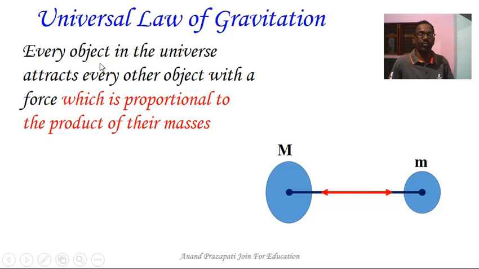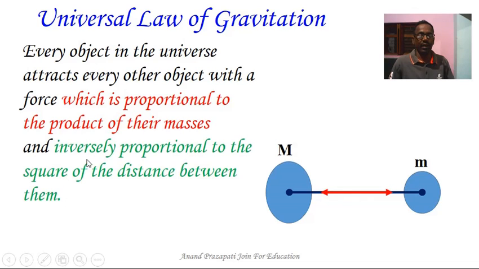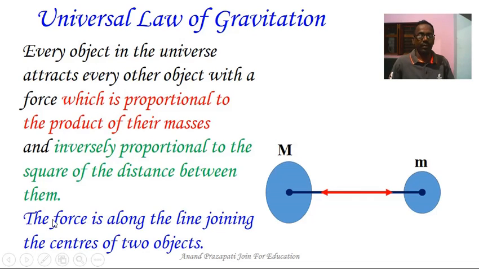Every object in the universe attracts every other object with a force which is proportional to the product of their masses and inversely proportional to the square of the distance between them. The force is along the line joining the centers of the two objects.